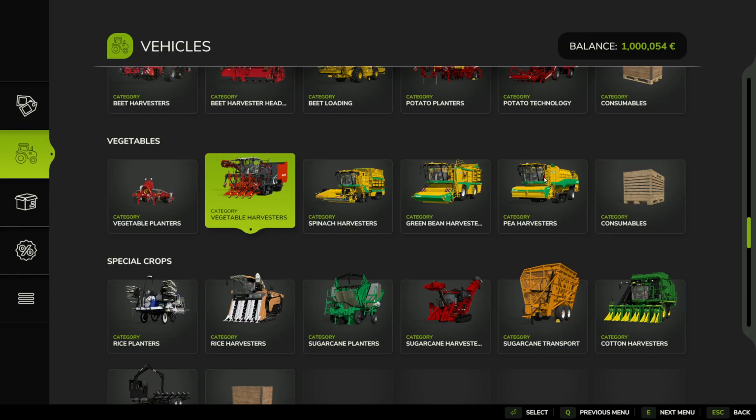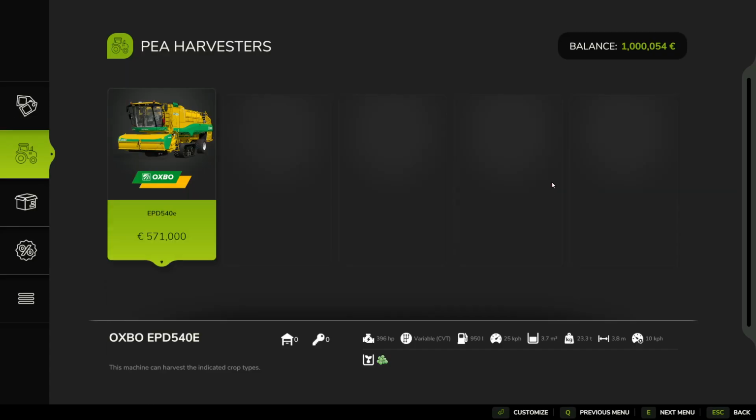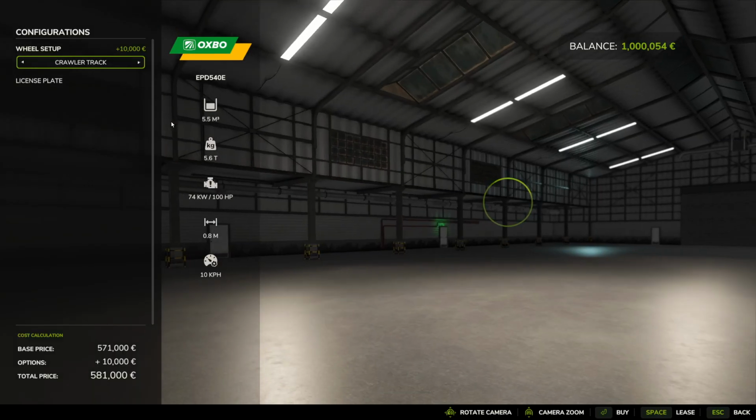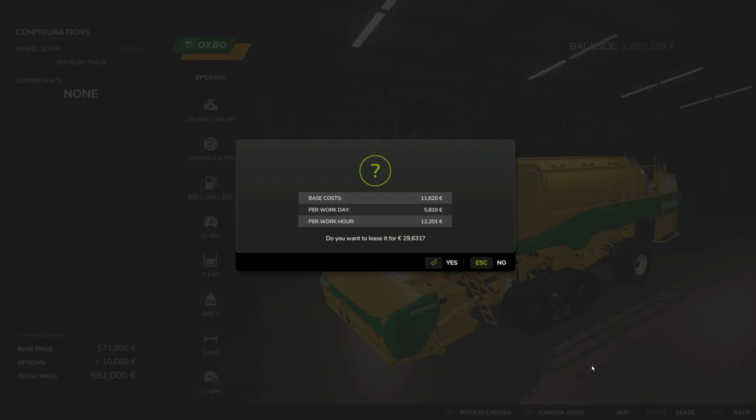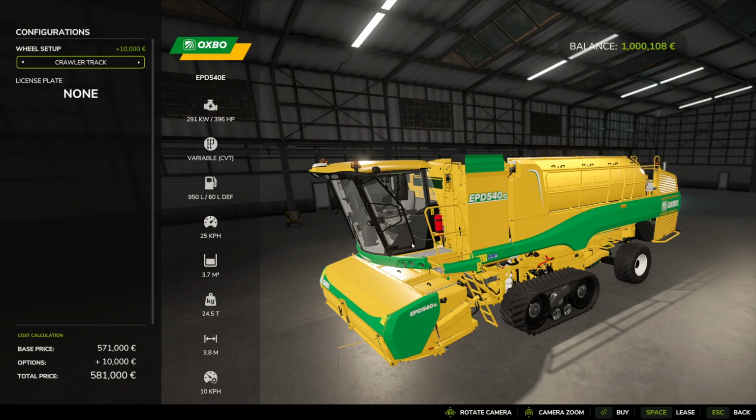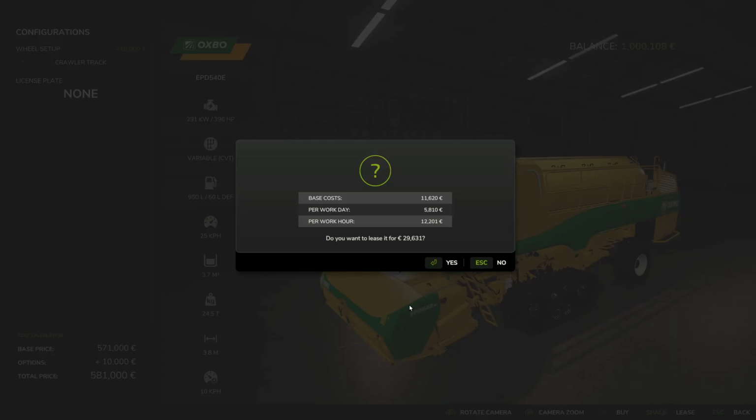And that could apply to the spinach, green bean and pea harvesters. I tried it with the pea harvester once. And here when you lease it, it costs nearly $30,000. And pea harvest is paid good, so this isn't the problem. The problem is that this costs so much money. And when you see the working hour is $12,000.